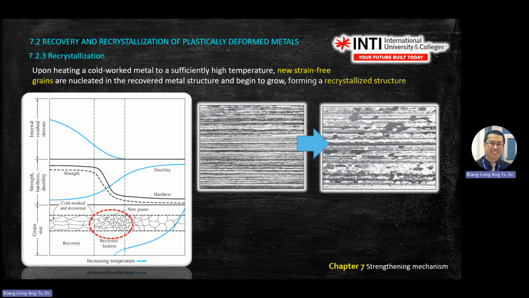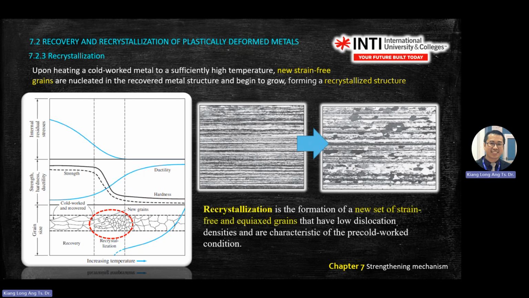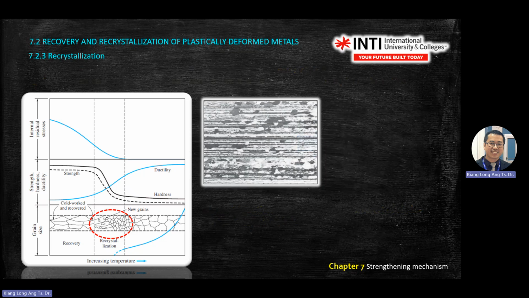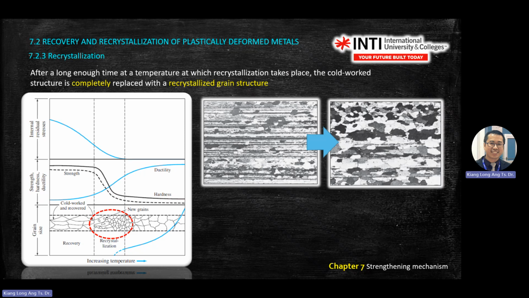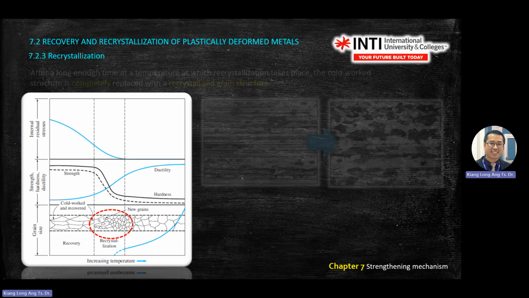Then after recrystallization will be the grain growth phase. So all these dark color regions will grow. Okay, so this is a textbook definition for recrystallization. Okay, you go and read. Then this one will grow as you see.